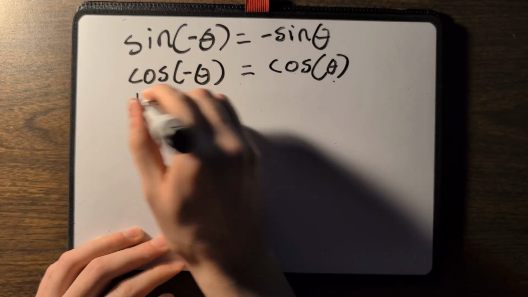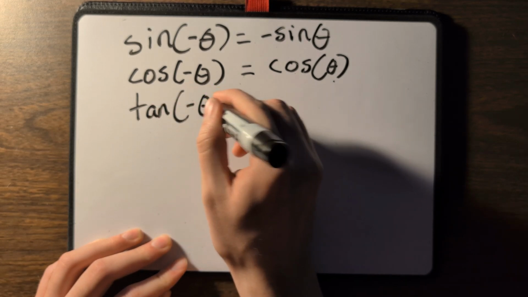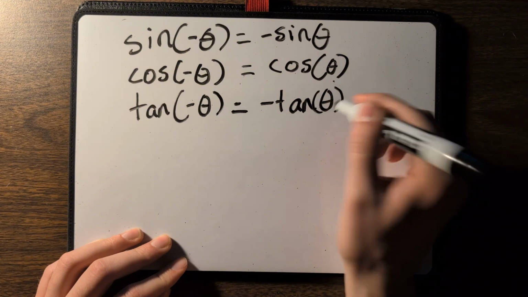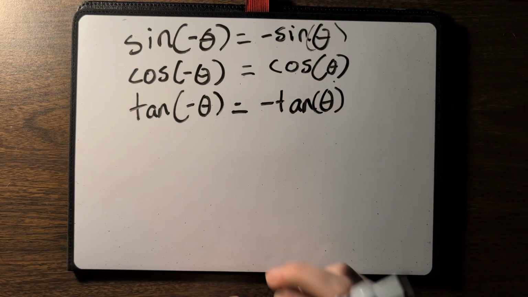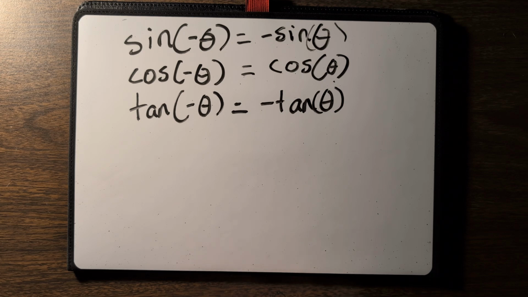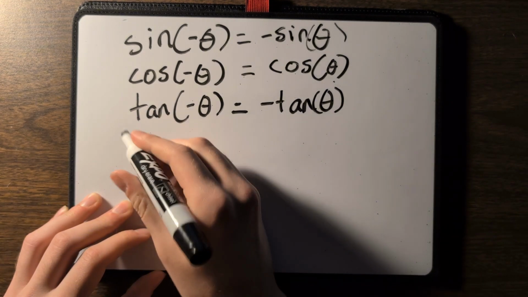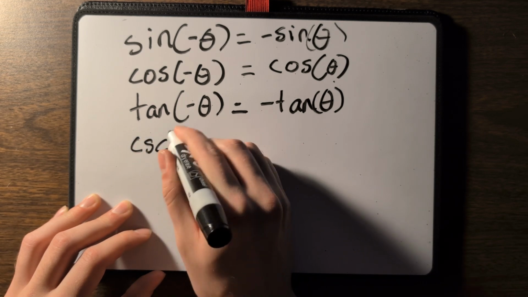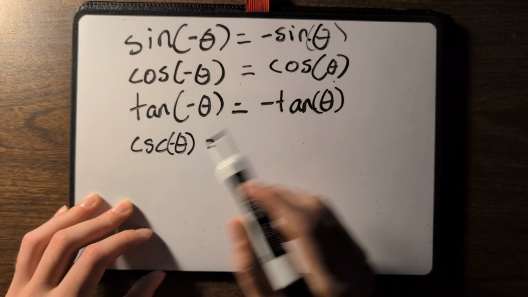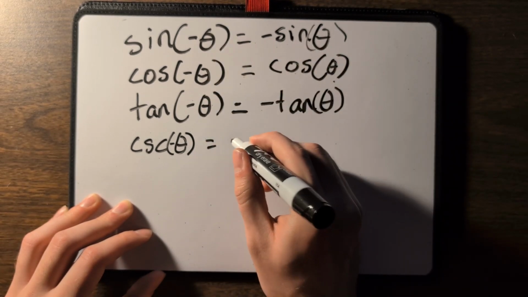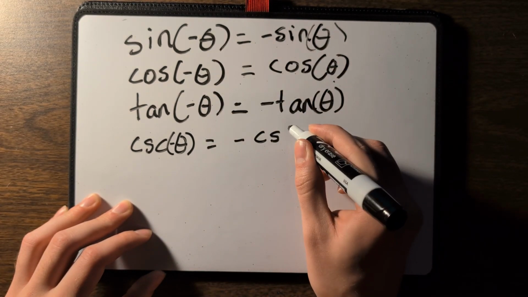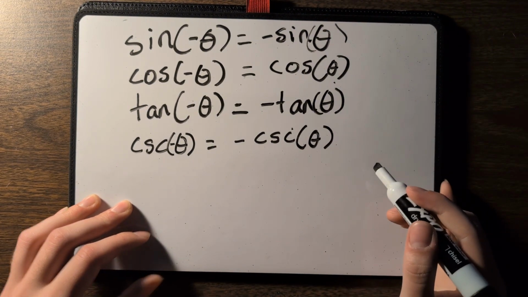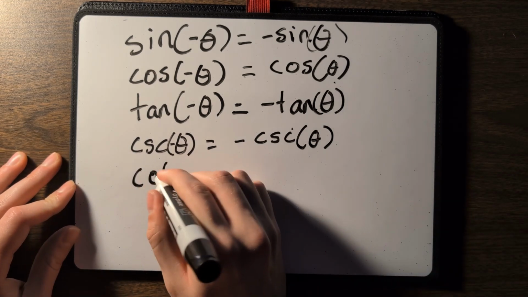And for tangent, well, tangent is an odd function, therefore it'll be negative of its original value. Same thing with cosecant. Since cosecant is related to sine, we're going to get the same sort of identity, same sort of relationship, as well as cotangent.